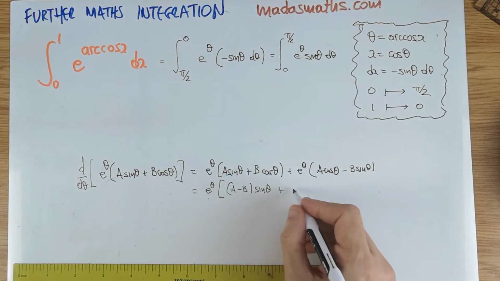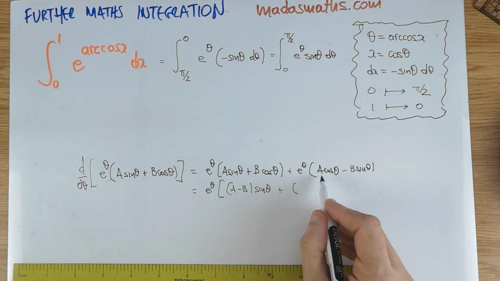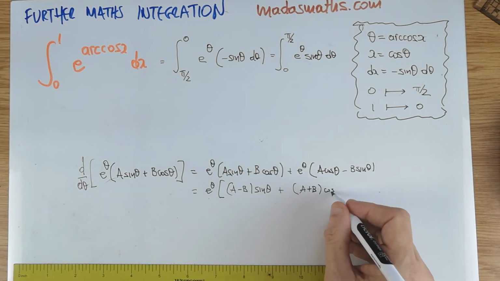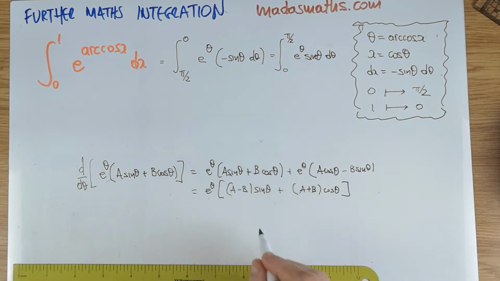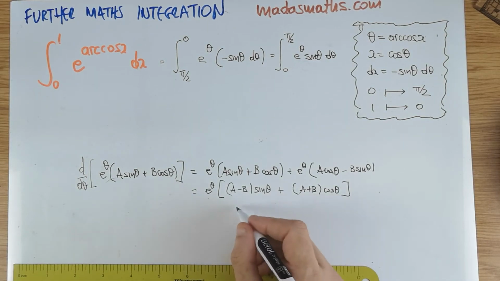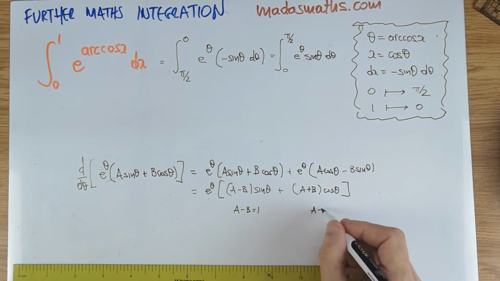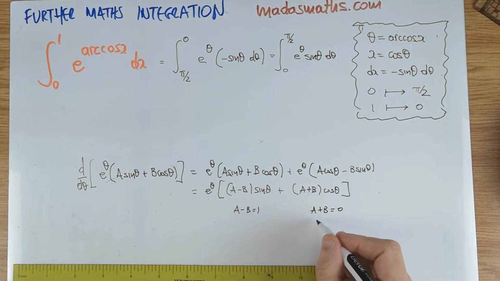And the cos is B plus A, so A plus B cos theta. And that means A minus B is equal to 1 and A plus B is equal to 0.